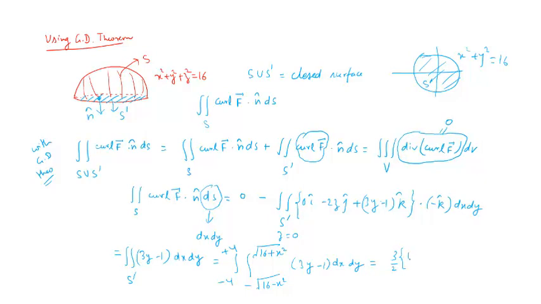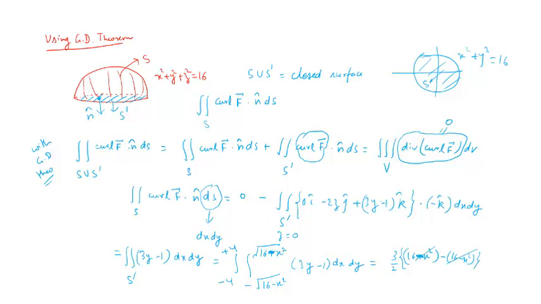If we put the limits, it is 16 minus x square in both places, so it will be cancelled.